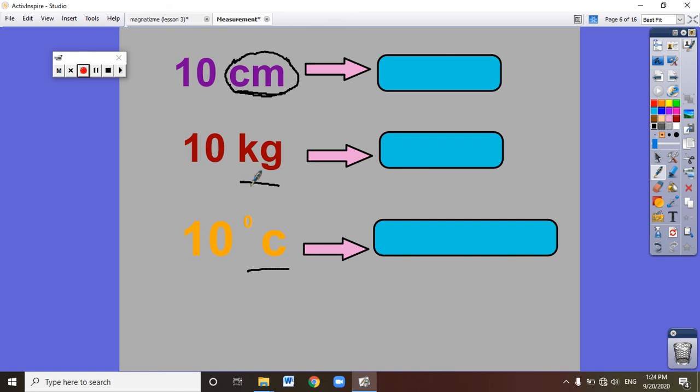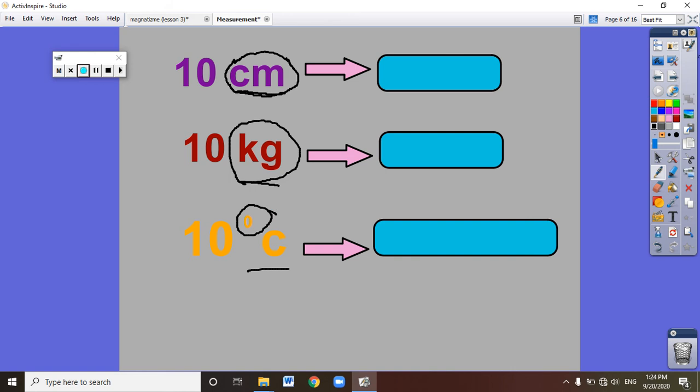Here, 10 kilogram. Kilogram is a unit for measuring the mass. When I see kilogram, I know that I am measuring the mass. Also degree is the unit for measuring the temperature.